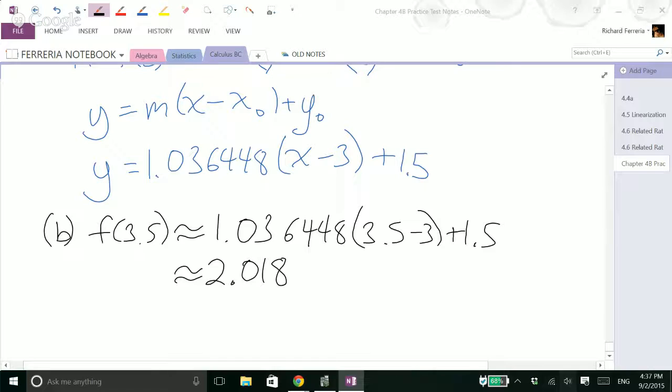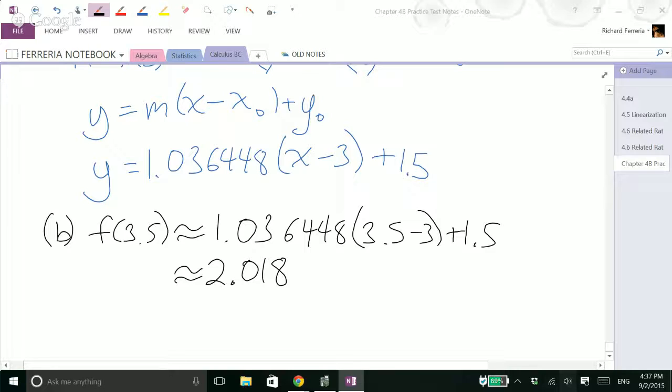Any other questions on question number 6? Looks good? Yeah. I'm still kind of confused on when you go and use a candidate test versus when you need to use a derivative test.